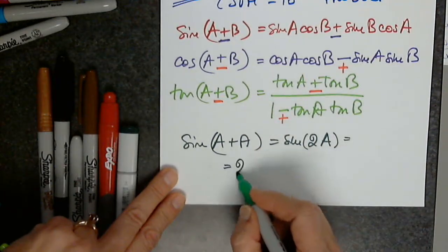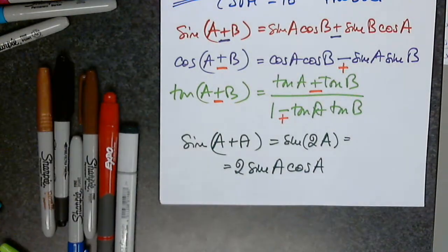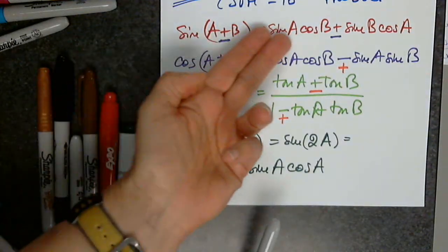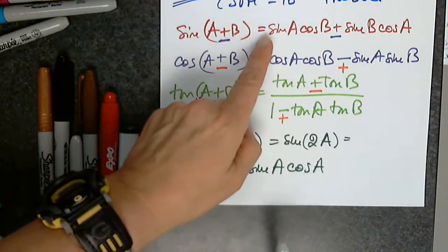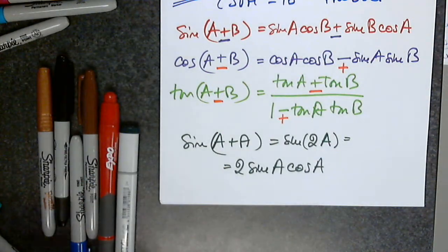Right, 2 apples. 2 sine A cosine A. That's all I want you to say. This is the formula for the double angle when we apply sine to it. How did I get it? From this one, because I had sine A cosine A plus sine A cosine A, which means 2 of those.